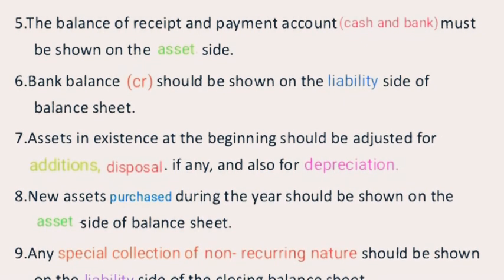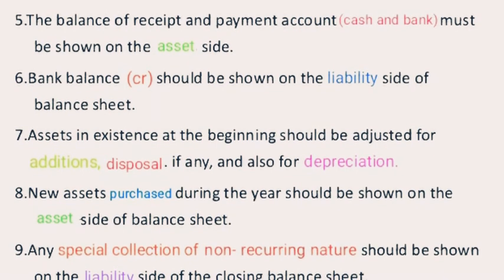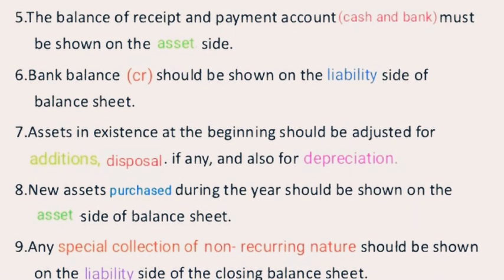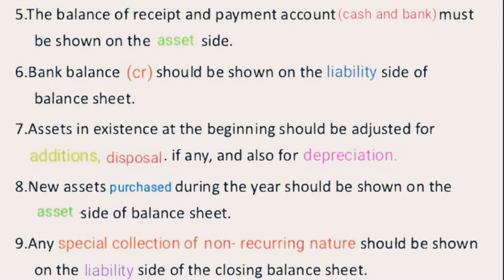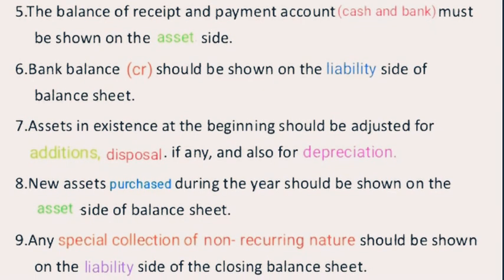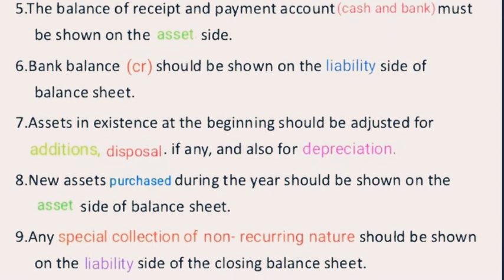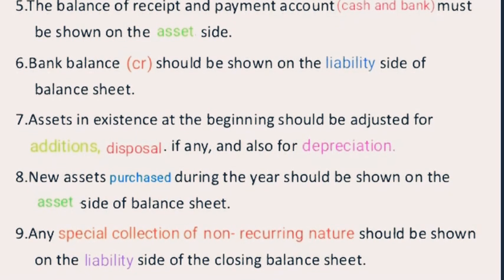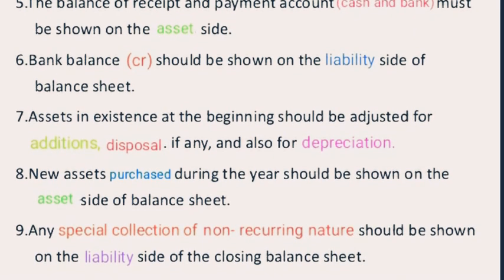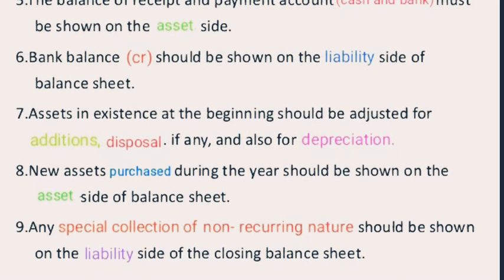Next, for recording fixed assets, addition, that is purchase of fixed asset, then depreciation for fixed asset, and disposal or sale of fixed asset is to be adjusted in the same balance sheet, that is the balance sheet at the end of the current year.